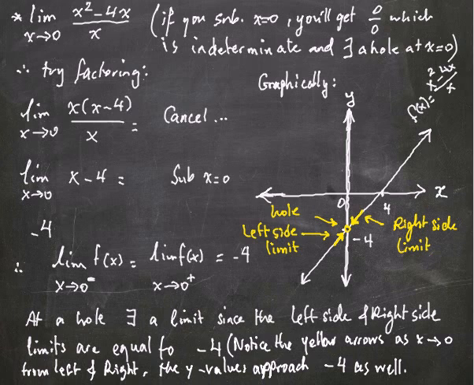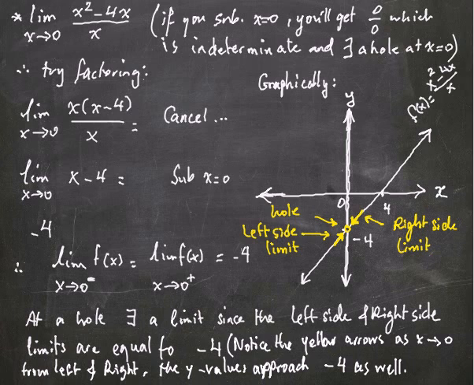So the limit we're looking into right now is x squared minus 4x over x. I'm going to find the limit of x squared minus 4x over x when x approaches 0. Again, if we substitute x equals 0 into that function, we will get 0 over 0, which is indeterminate, and there exists a hole at x equals 0.